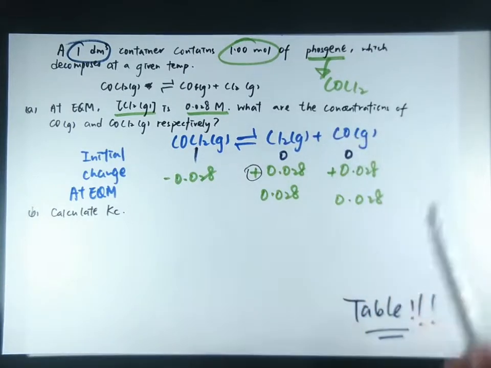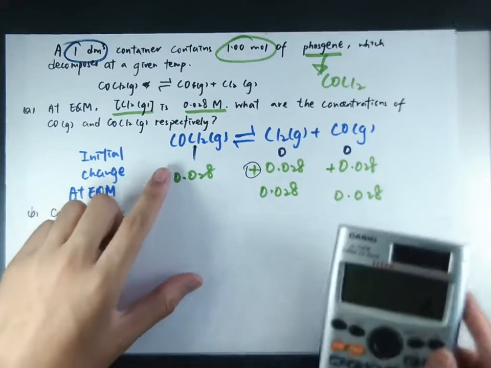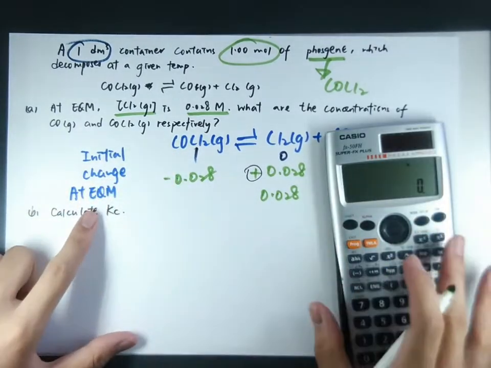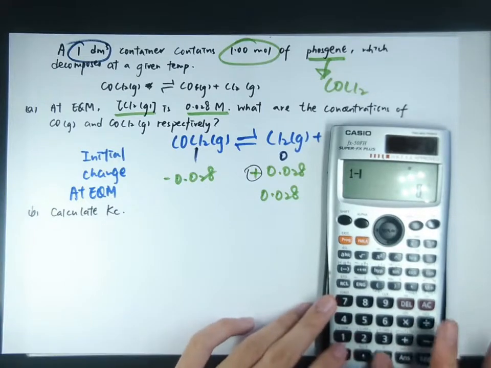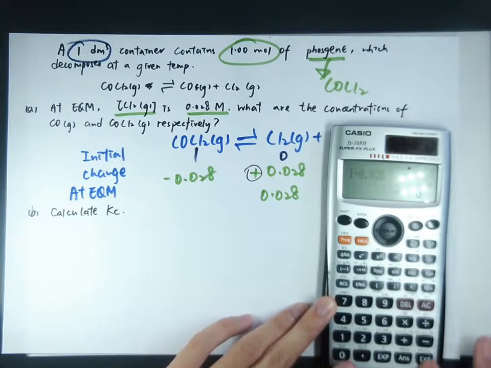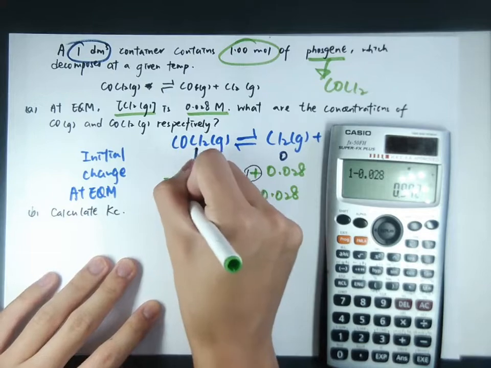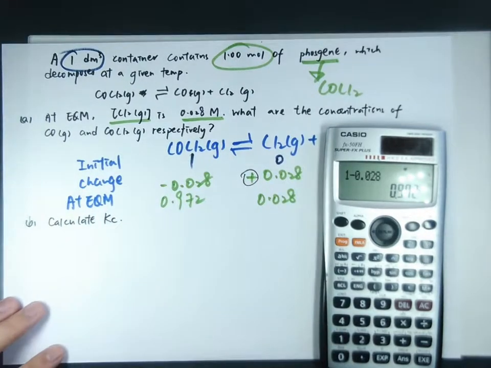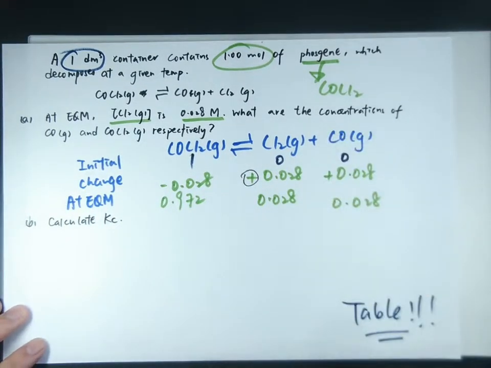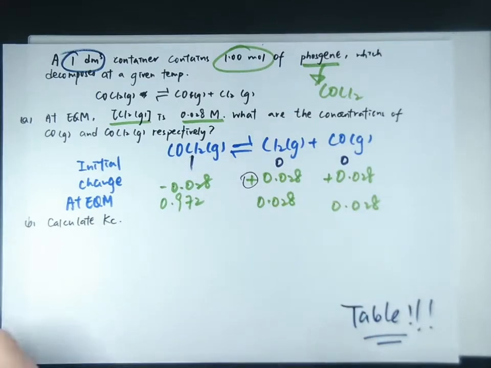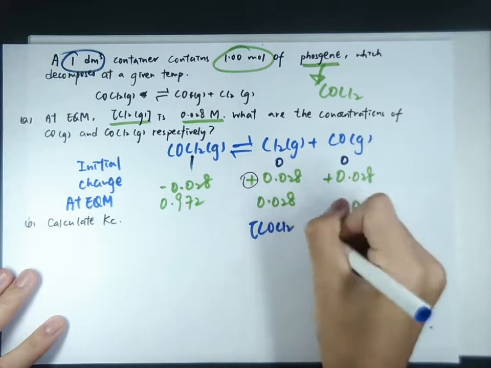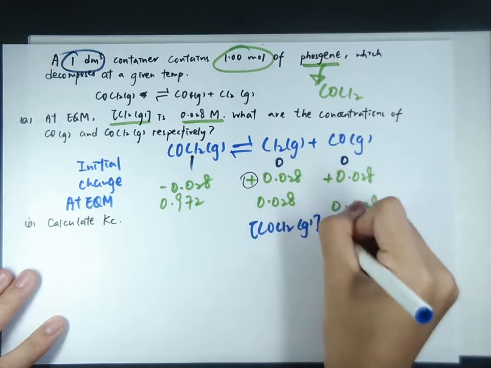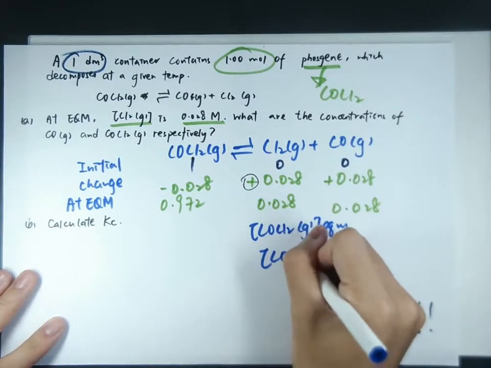So now let's find out the concentration of COCl2, okay? How can we find it out? We just use 1 minus 0.028, which is 0.972, okay? So we can answer the question. So our answer is concentration of COCl2 and concentration of CO. What are they?